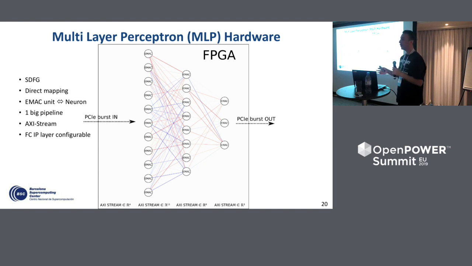It works if it fits, otherwise it's more complicated, because we know that a neuron, like I said, is equivalent to an exact multiply accumulate unit. The links are made by the AXI stream protocol, which is AXI stream compliant, and with these we can generate every number of neurons per layer, every number of layers, every posit width, every activation function, and every rounding scheme in all of these EMACs.